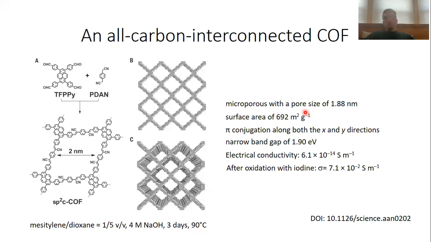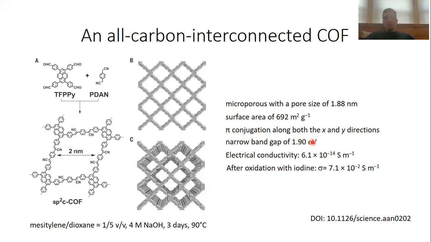Such a structure is interesting from an electronic point of view because you have a fully conjugated pi system of carbon atoms. So this material is actually a relatively narrow band gap semiconductor, with a band gap of 1.9 electron volts.